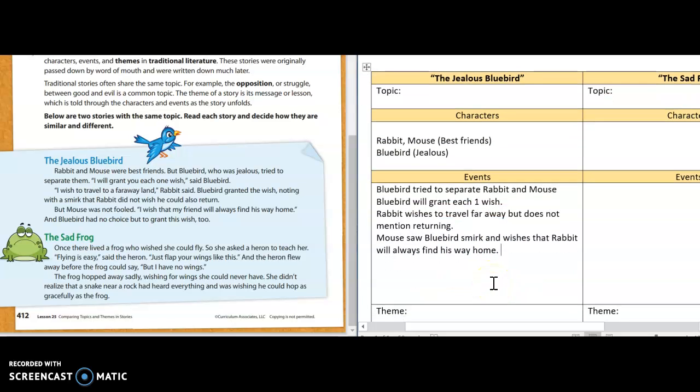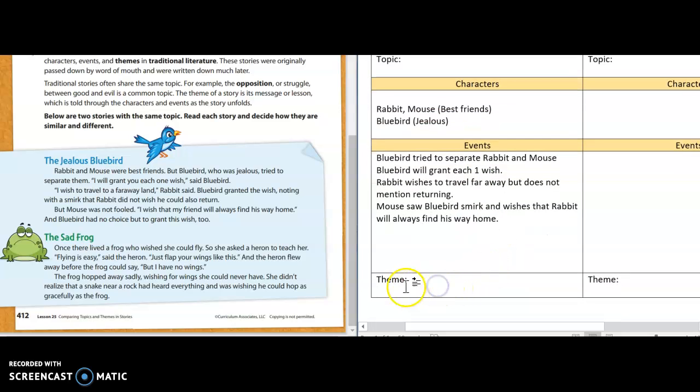Now, let's think about this for a minute. There's a theme here, and I think that when we're talking about two really good friends, and one wants to travel away, but Mouse is kind of the one looking after his friend and thinking, no, I don't know if that's like the best idea because you want to make sure you can come home.